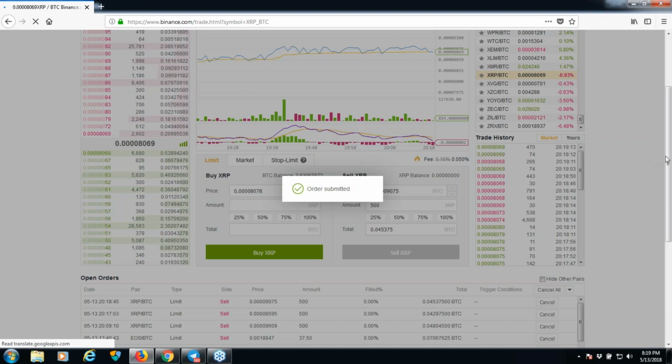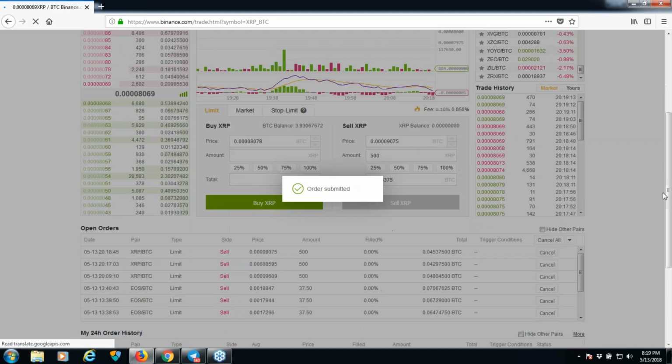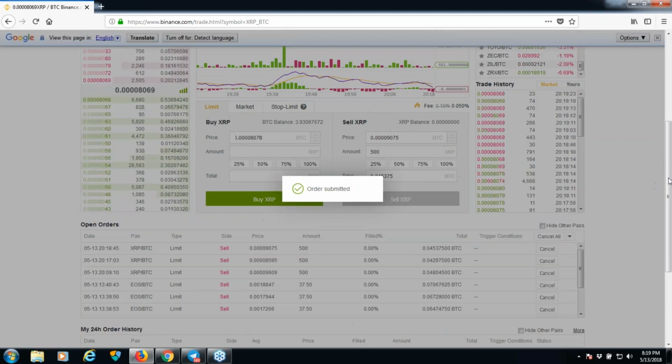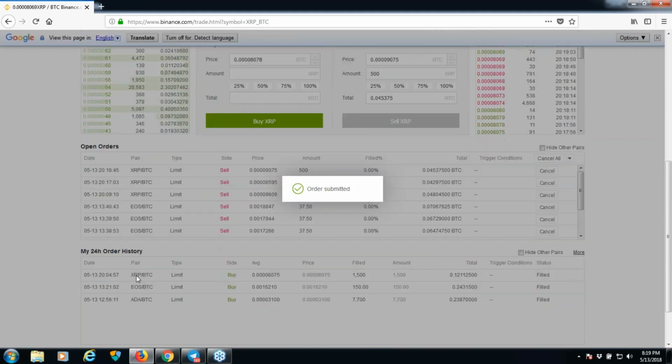So let's have a look here. We're on my site, and I've got my order set by XRP. So I bought Ripple, and I bought it at 80.75, 1,500.